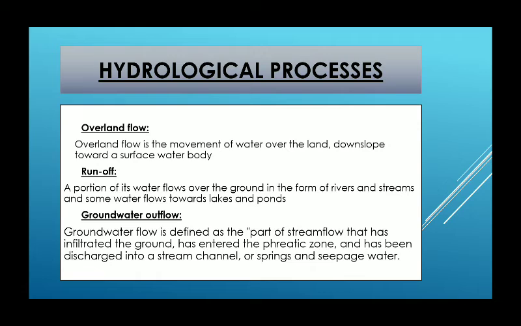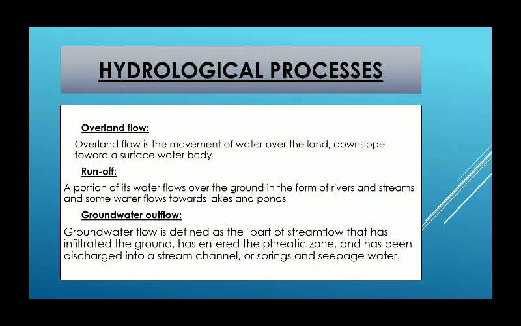So that includes not only the waters that travel over the land surface and through channels to reach a stream, but also interflow, the water that infiltrates the soil surface and travels by means of gravity toward a stream channel and eventually empties into the channel.